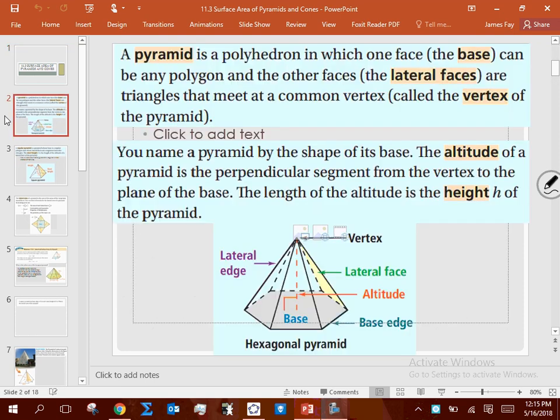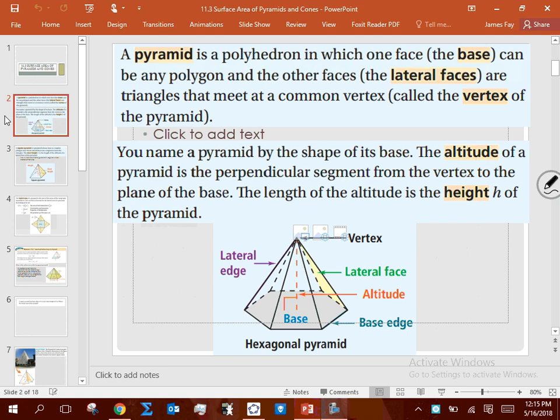All right, so just by definition, a pyramid is a polyhedron, or a three-dimensional shape, in which one face, which we're going to call the base, or one surface, can be any polygon that it wants to be. Okay, so the base can be a triangle, a square, a pentagon, hexagon, octagon, dodecagon, whatever it wants to be.